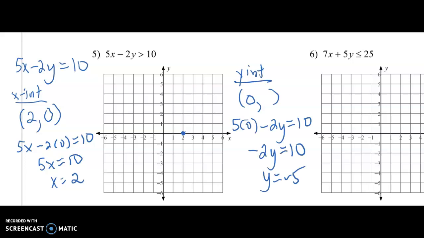Plugging 0 in for x essentially knocks out that term from our equation, leaving us with negative 2y equals 10. Solving for y, we get y is equal to negative 5. So that's the location of our y-intercept at (0, -5).